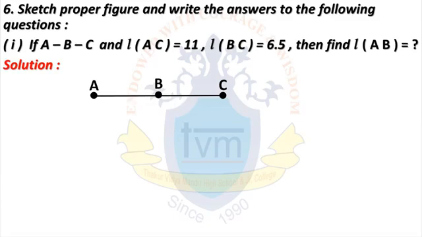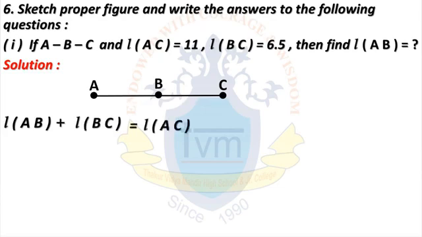So here length of segment AB plus length of segment BC equals length of segment AC. So length AB plus length BC equals length AC, since B is between A and C. Now we will substitute the values of the given segments.